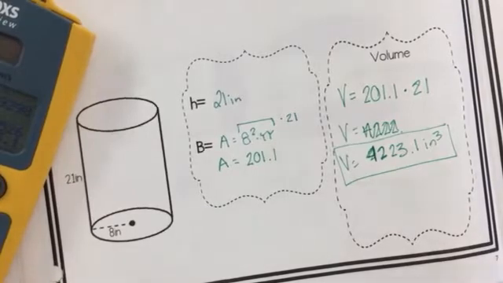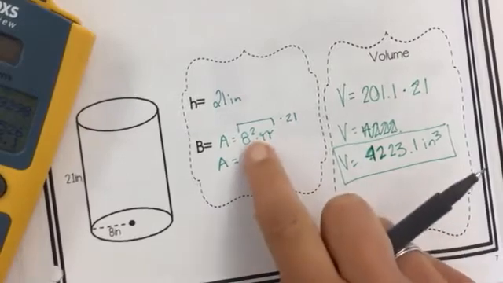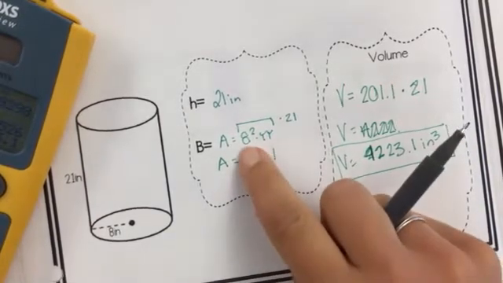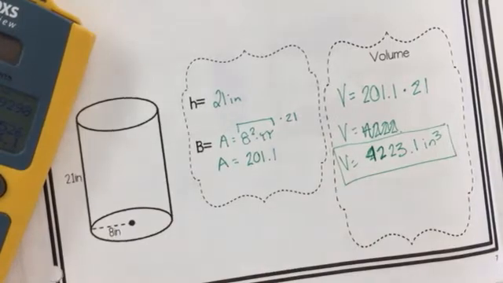So I'm going to share this with you because I think it's really important. You're going to get a more accurate answer if you do not do any of your rounding until the end of the problem. Okay? So if you type this all in one step, you're going to get a more accurate answer because you didn't decide that you were rounding the tenths or the hundredths or anything before the end.